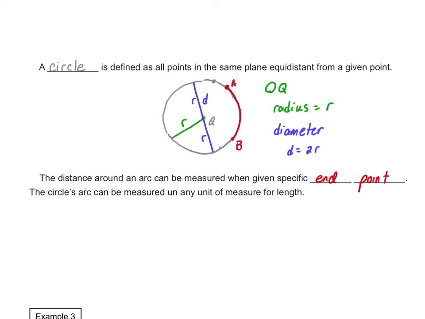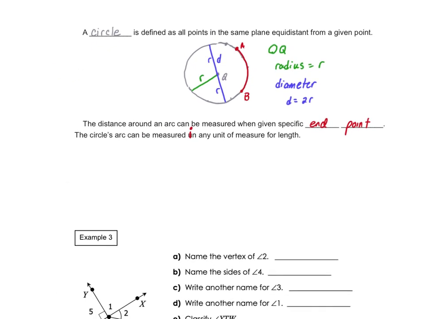The circle's arc can be measured in any unit of measure for length. We sometimes forget to talk about the units of the size of something. It could be inches, centimeters, or miles, if you're talking about the surface of a planet. But yeah, an arc is going to be that length of measure along the circle's circumference.